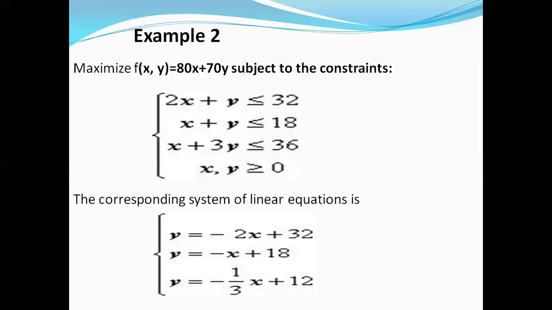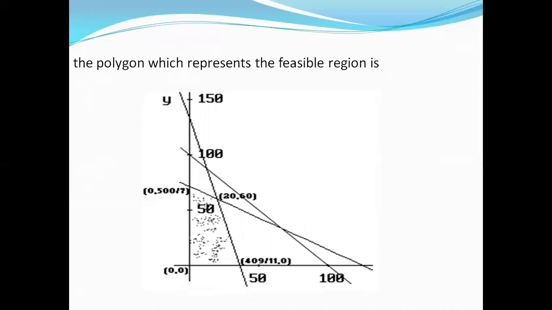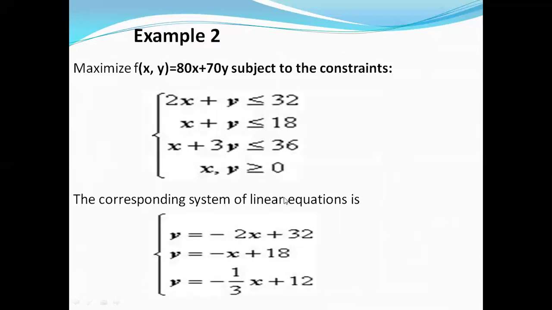Let this 2x be taken, and the corresponding equations are generated, that is y equal to minus 2x plus 32, y equal to minus x plus 18, and y equal to minus 1 by 3 of x plus 12. So the LCM has been taken. The polygon which represents the feasible region in the case of these identifications: first it is 0 comma 0, applying the similar 0 comma 0 considerations here.